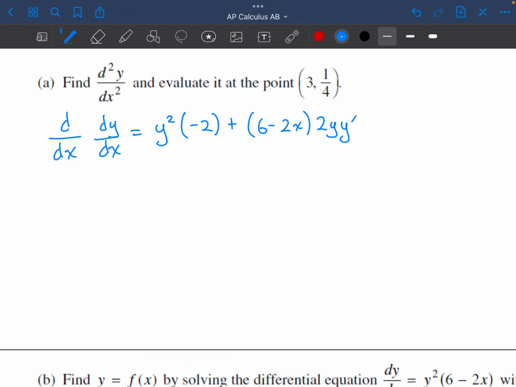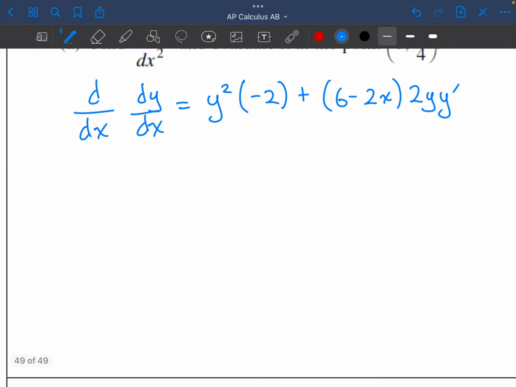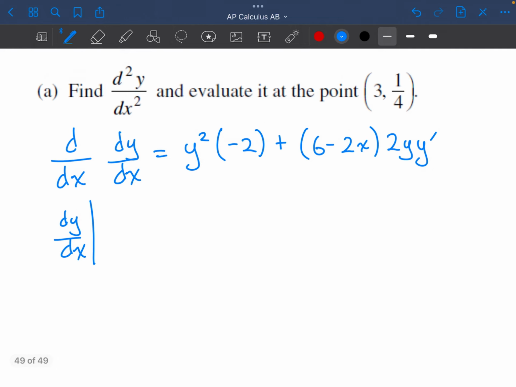So I'm noticing that when we evaluate it, we need a value of y, which we have. We need a value of x, which we have, but we don't have y prime. So let's first find what y prime is. The way that I'm going to write that is I'm trying to find dy dx, aka y prime, when I'm evaluating at 3 comma 1/4.